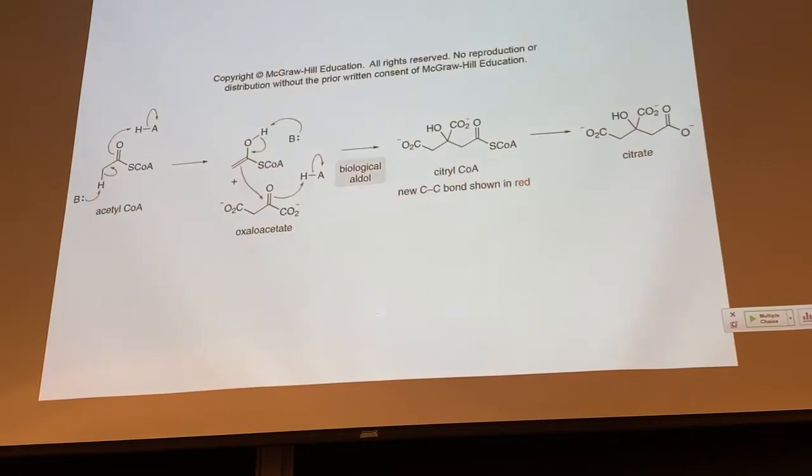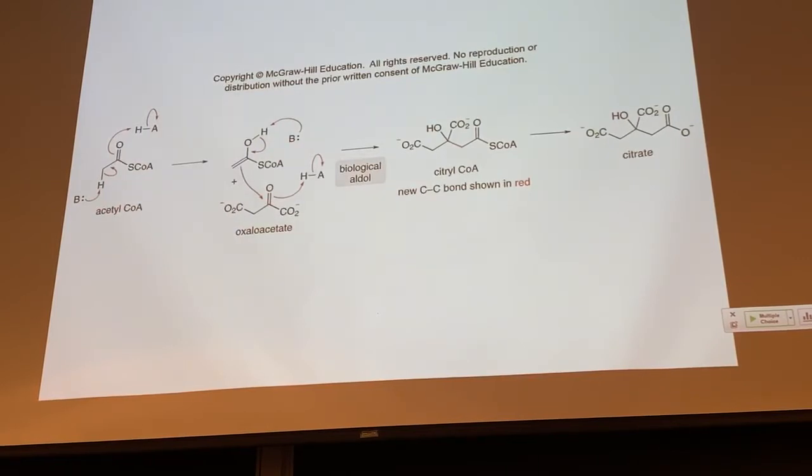Okay, here's another one for you. This is the formation of citrate, conjugate base of citric acid, which is a triacid. And here we're making an enol from a thioester, acetyl coenzyme A, which is a very common 2-carbon building block in nature. And we make that enol in the same fashion as we saw on the previous slide.